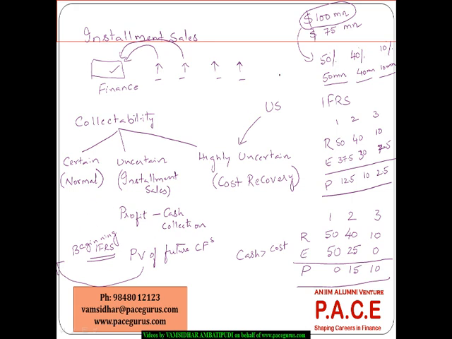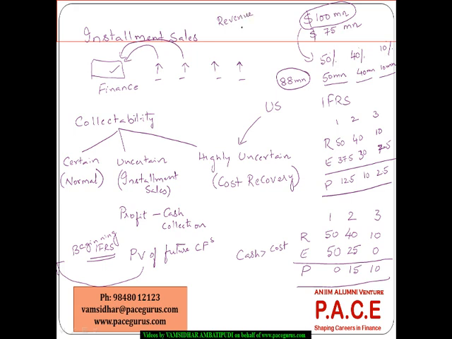So if 50, 40, and 10 have to come in, the present value of these three is, let's say, around 88 million. Now, 88 million is what I would be recognizing as revenue for the current year.